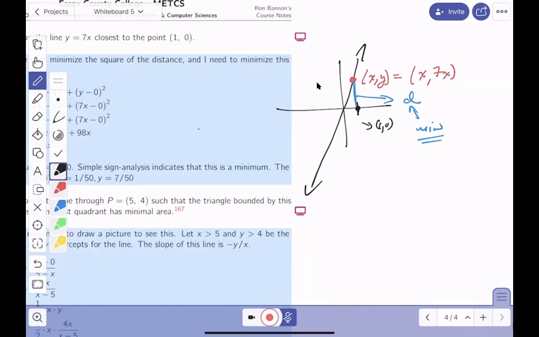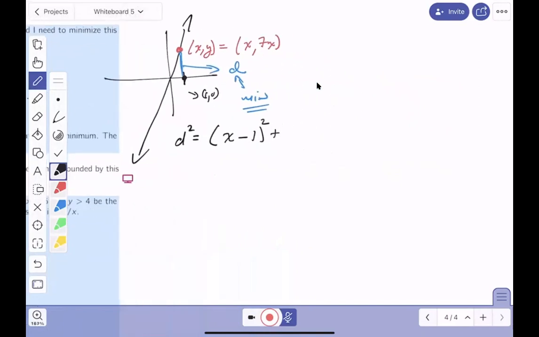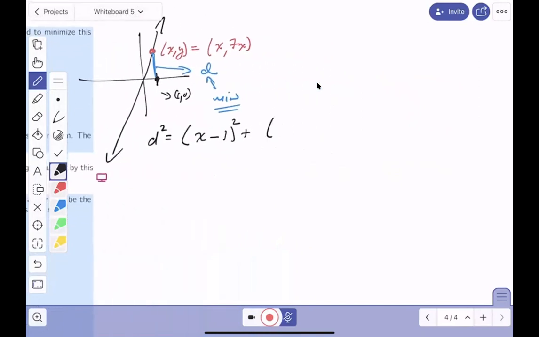Let's write it down. Look at the distance for me. So d squared is going to equal, well, it's between those 2 points. So it's going to be (x minus 1) squared plus, let's keep going. What's the y value? (7x minus 0) squared.